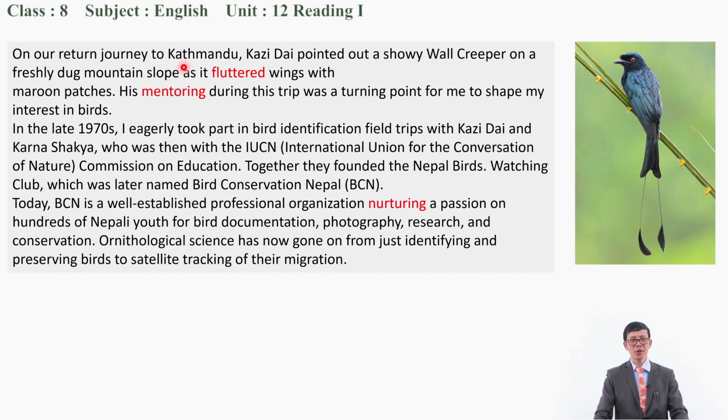On our return journey to Kathmandu, Kajidai pointed out a wall creeper. Look at this, a wall creeper on a freshly dug mountain slope as it fluttered wings with maroon patches. His mentoring during this trip was a turning point for me to shape my interest in birds.